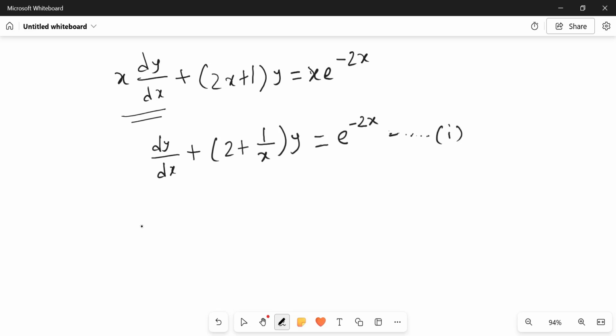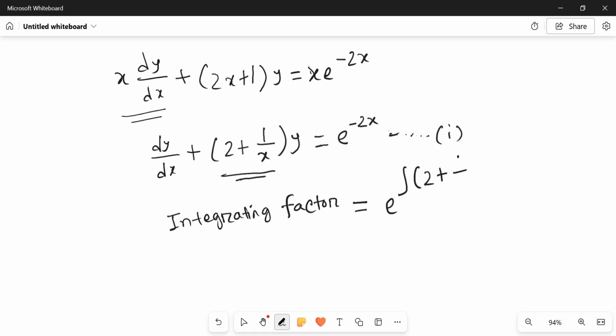Now second step was to find the integrating factor, so we find the integrating factor. The integrating factor was e to the power integration of p of x dx. P of x is basically this 2 plus 1 by x, so we write e to the power integration of (2 plus 1 by x) dx. Now if we integrate that, we get e to the power 2x plus ln x.